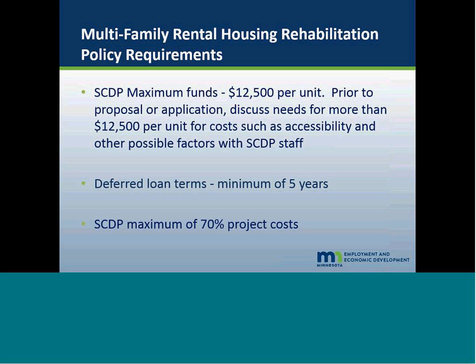We're different here this year. Generally it's 12,500 per unit as our maximum. That's to be exceeded. The key here is the discussion with your small cities rep, and we'll be providing who your small cities rep is at the end of the presentation.